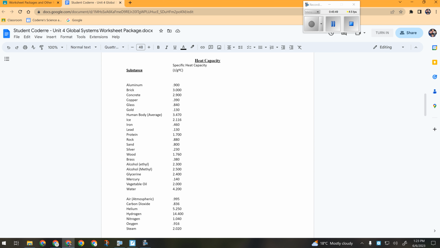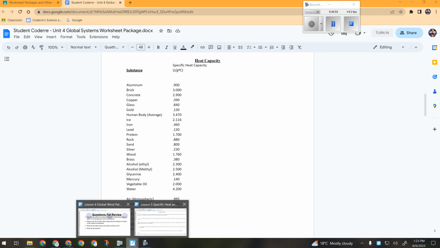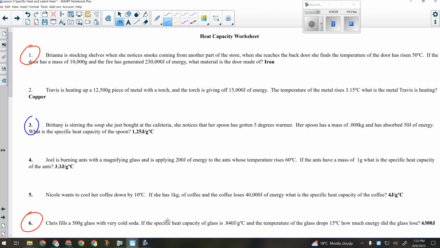You'll need that for number 1, but I don't think you need it for number 6. No, you've got the heat capacity there for that one. All right, so give those two a try.